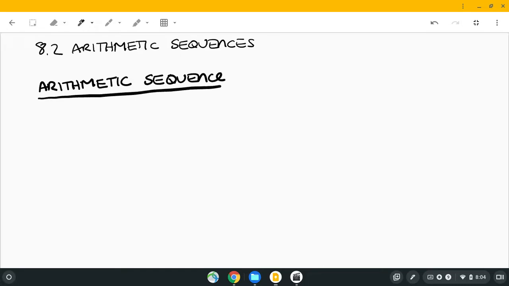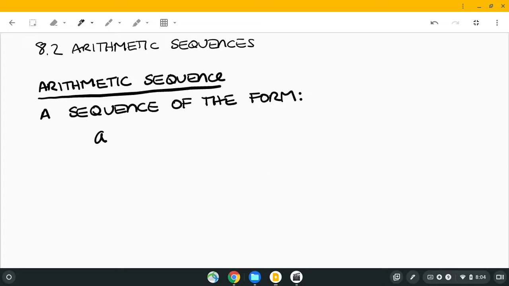Okay, arithmetic sequences. A sequence of the form: your first term is A, and then you add D, and then you add 2D, and then you add 3D, and then you add 4D.